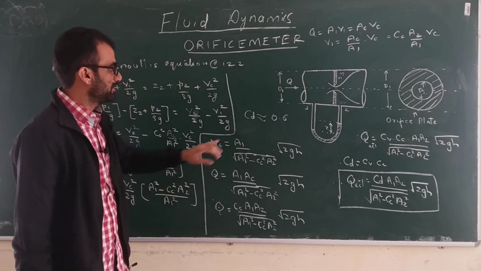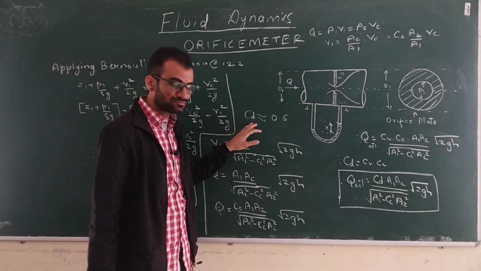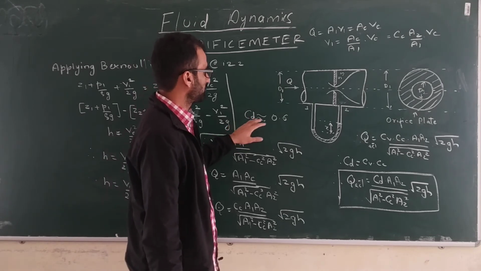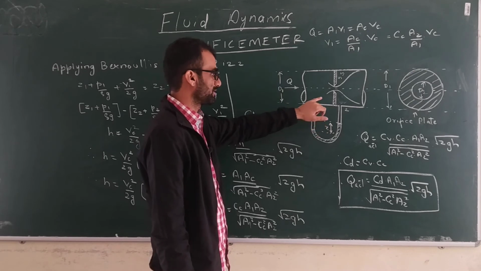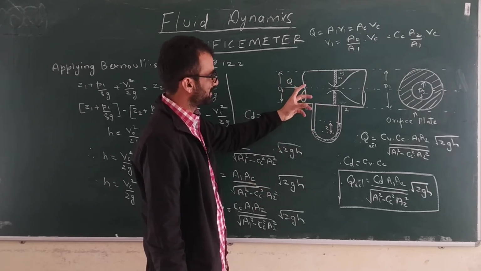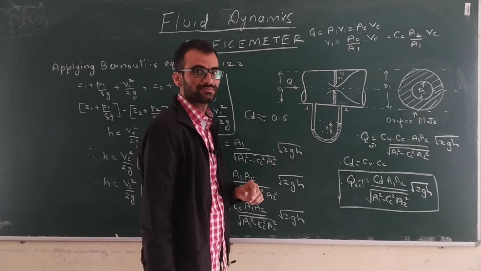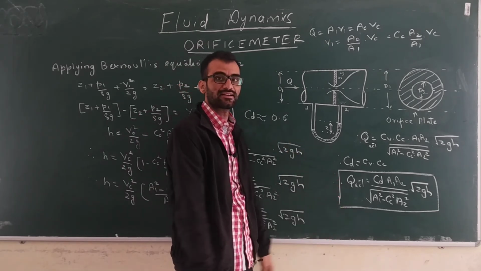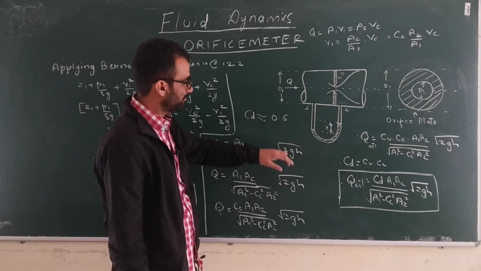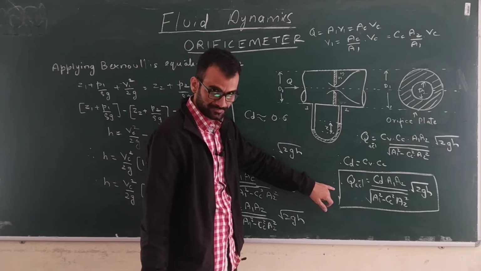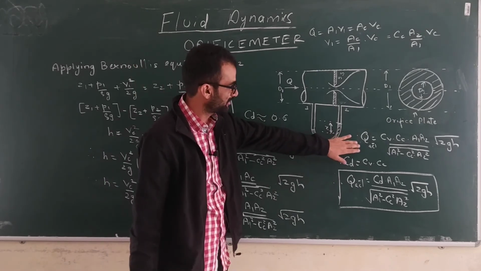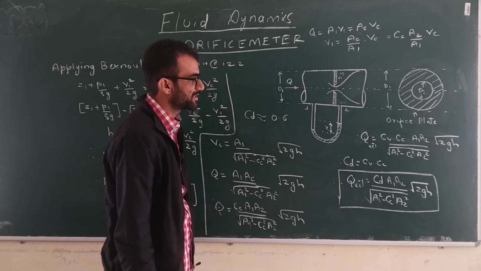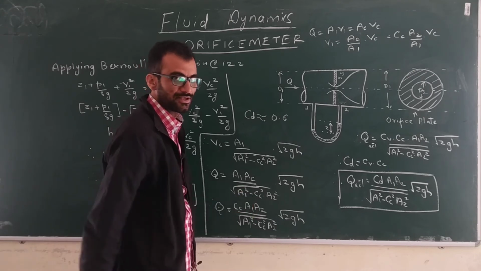So this is how you can use an orifice meter to calculate the discharge through the pipe. Alright. Now in order to determine the coefficient of discharge, we have to do the calibration. So how to calibrate a particular Venturi meter or orifice meter? First, take an orifice meter, pass some flow through it, and you measure that flow actually in some container. Then you calculate the discharge using the theoretical equation, and by comparing both, you will get the value of CD.